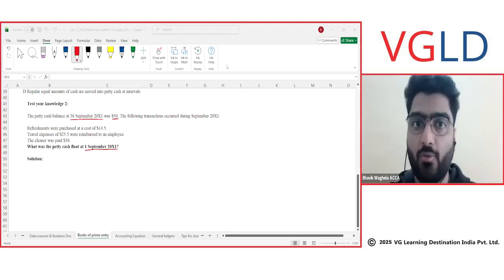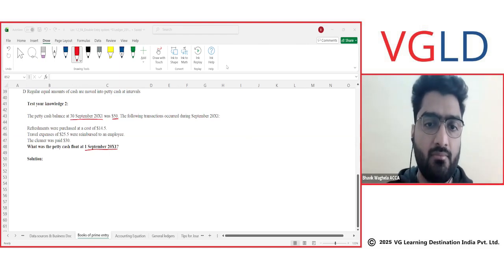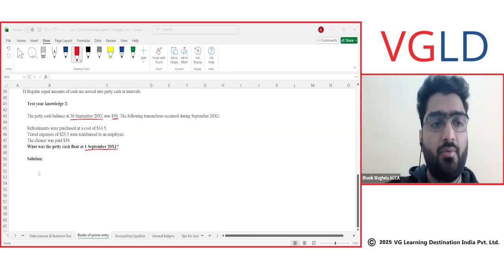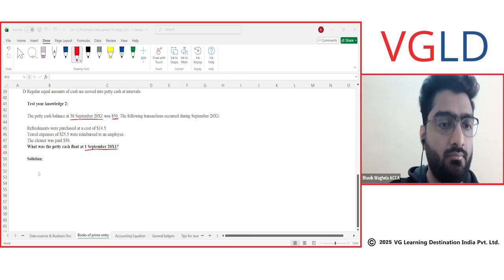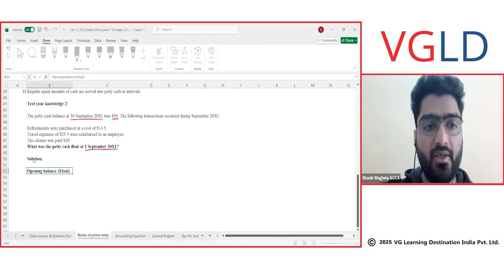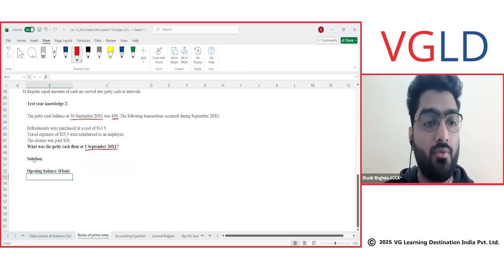Guys, we have to find out the opening balance. So we will do a reverse working. I have the opening balance, which is also known as my opening float. I don't know this.